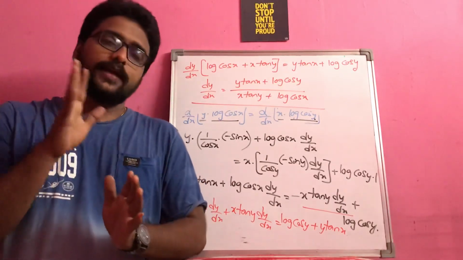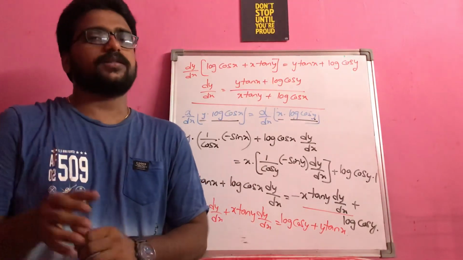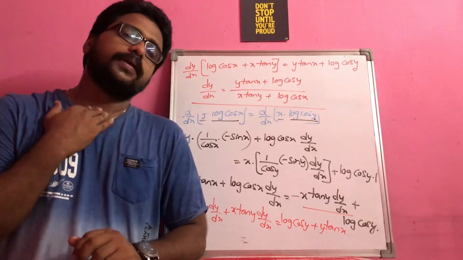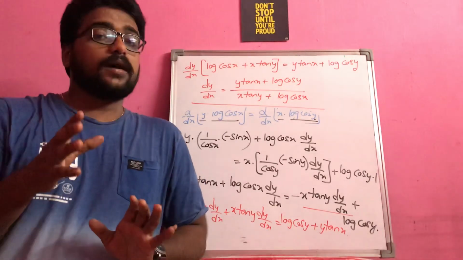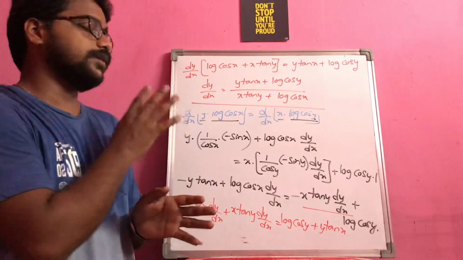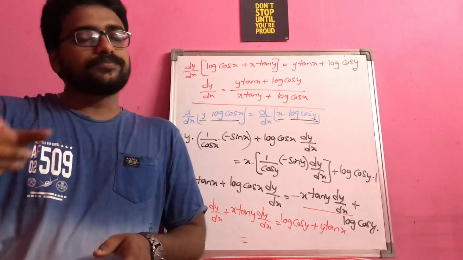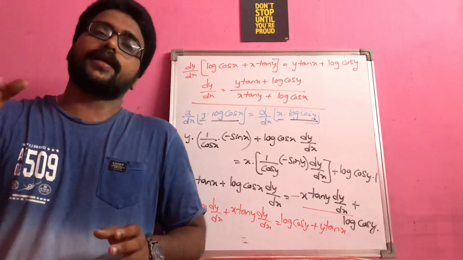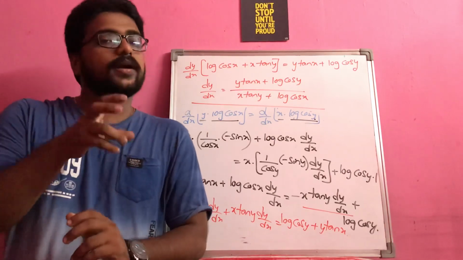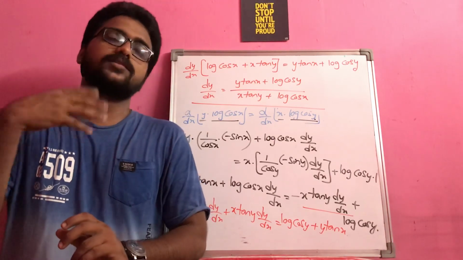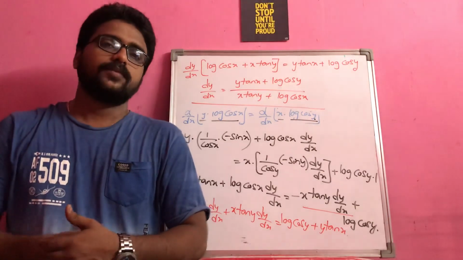If you have addition or subtraction in the question, as we cannot apply logarithm directly, you just have to take those as separate variables and then individually get the differentiation and add or subtract according to the given question, right?